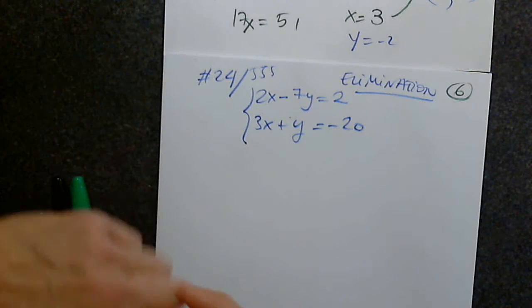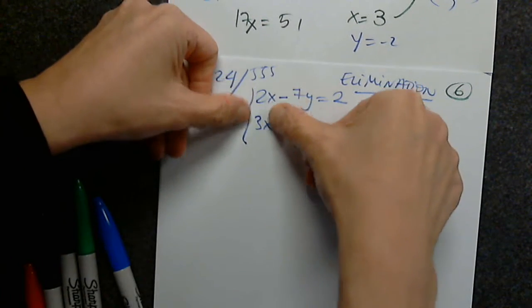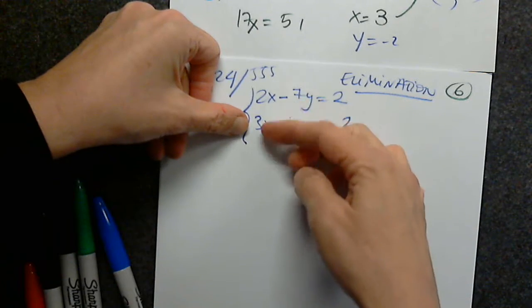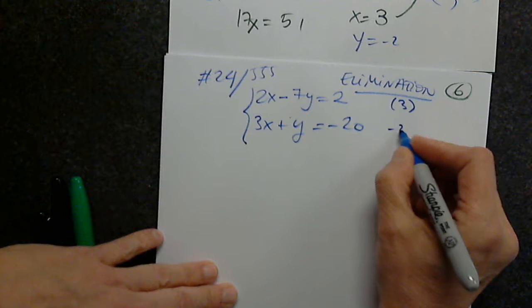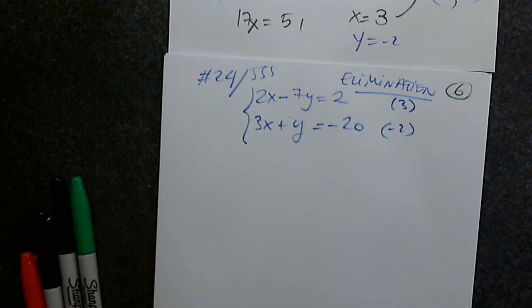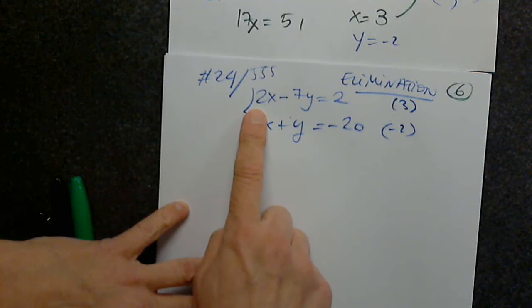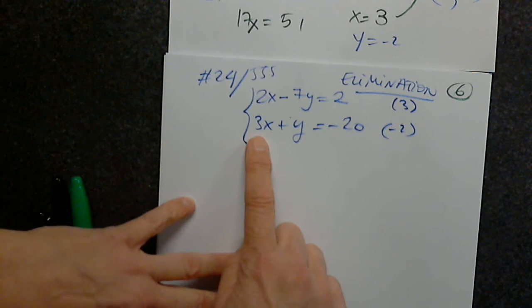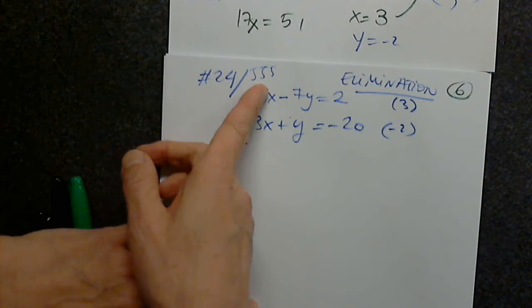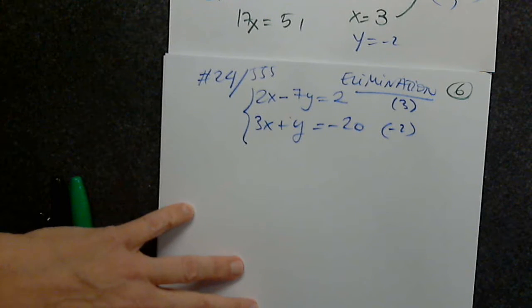Now I'm going to discuss the coefficients, 2 and 3. If I want to eliminate x, then I will have to multiply the top by 3 and the bottom by -2. Why? Because 3 times 2 will be 6x, and -2 times 3x will be -6x. So 6x with -6x will go away.